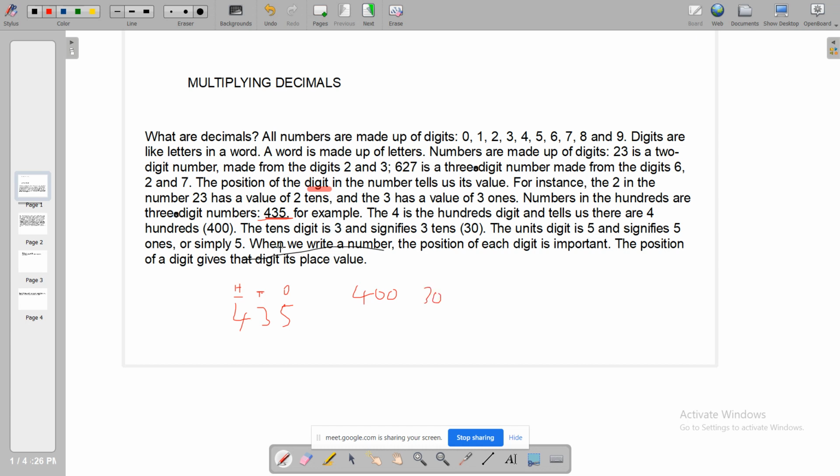And this one is 5. So when you put all together, that gives you 435. Okay, 435. So this is the breakdown.